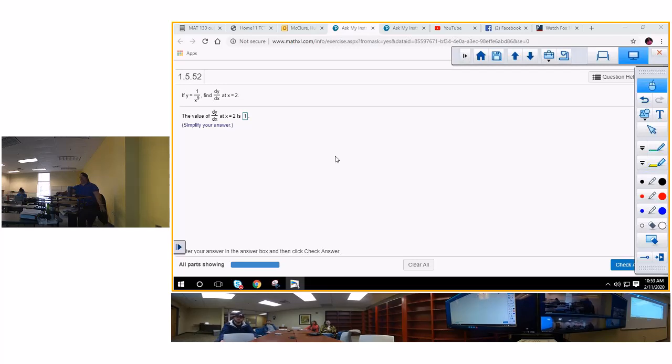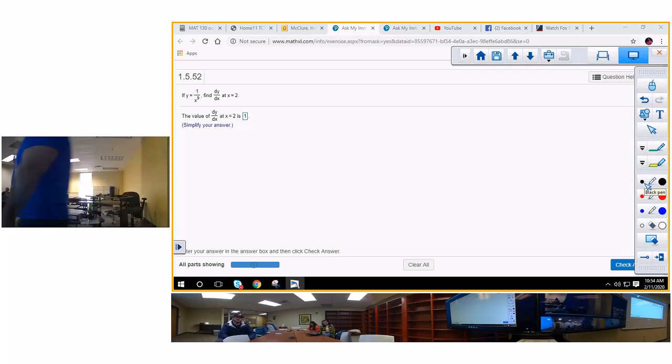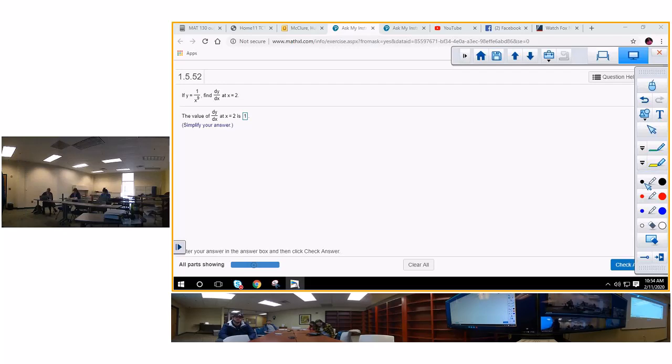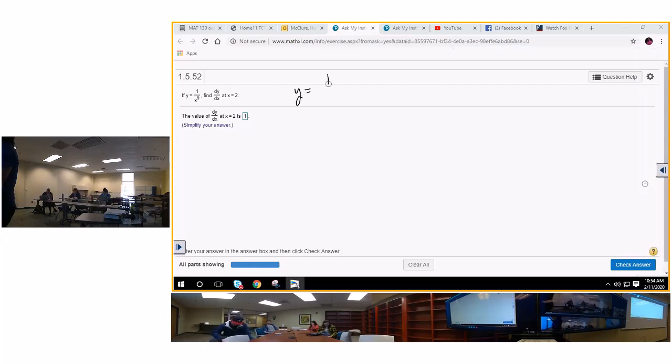The first thing you do is what? Rewrite it. First thing you do is rewrite it to find the derivative. So I'm going to write this 3 different ways. y is equal to 1 over x to the 9th. f of x is equal to 1 over x to the 9th.